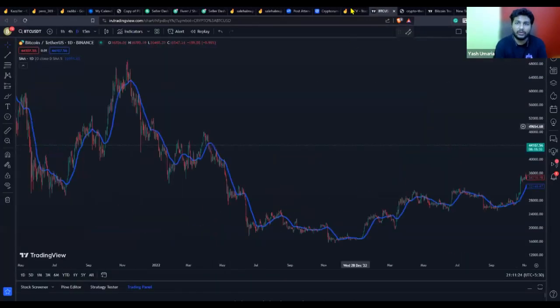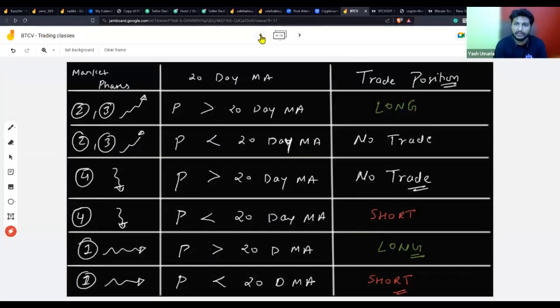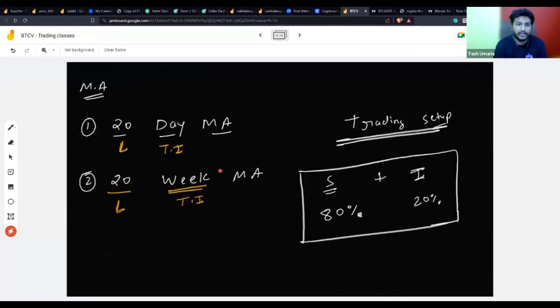Great. Now the second thing we have here is the 20-week moving average. Let me make it very clear. The 20-day moving average is important for swing traders. This 20-week moving average is important for position traders, or for someone who just wants to understand where the market is moving.